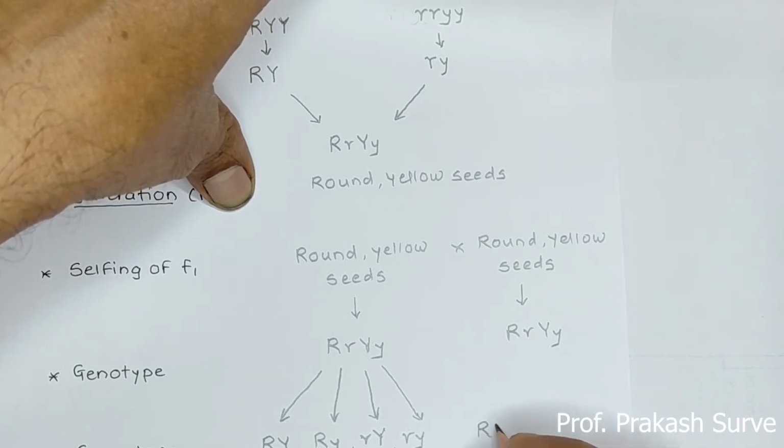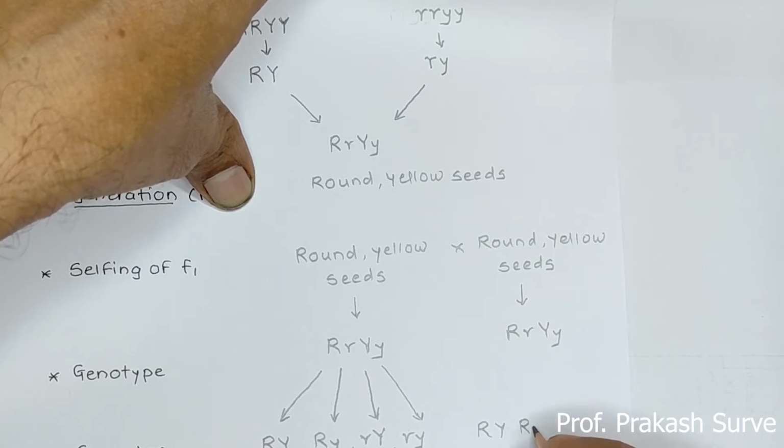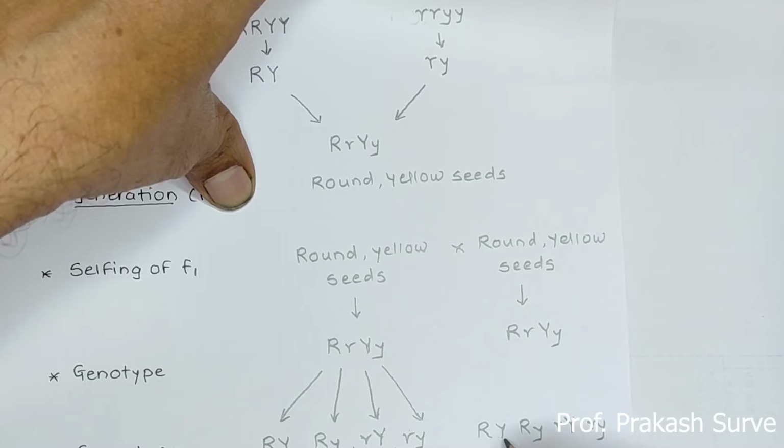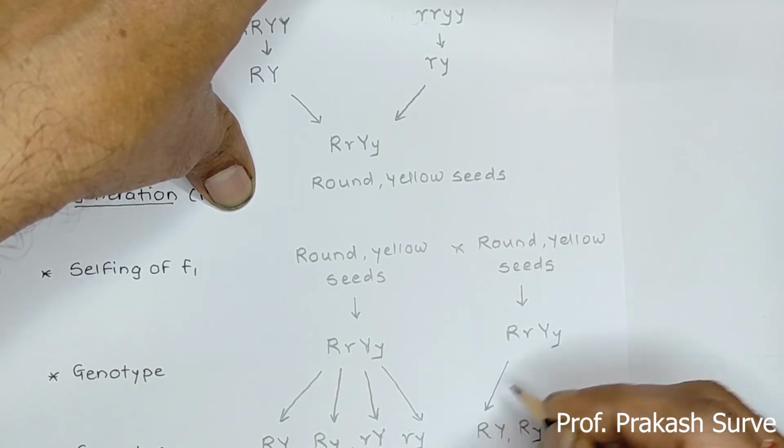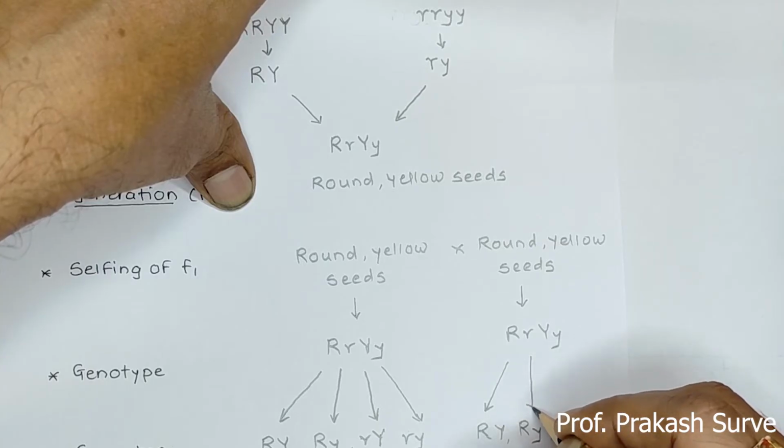Capital R capital Y, capital R small y, small r capital Y and small r small y. So this way we get the four gametes, these being the female gametes.